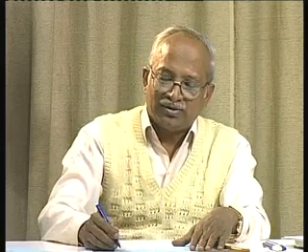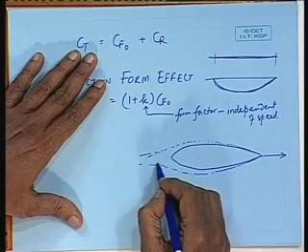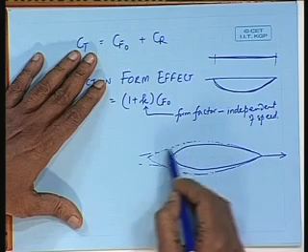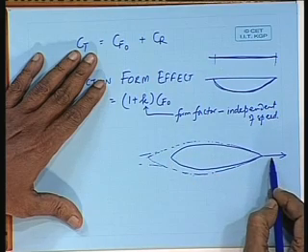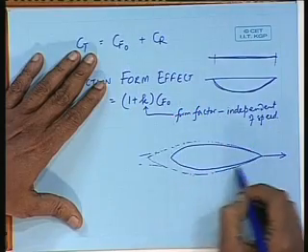Flow beyond this is of potential nature. So, what happens, strictly speaking, is as if the body is elongated, instead of being this body, it becomes this body, right, with slopes much less than the original body.